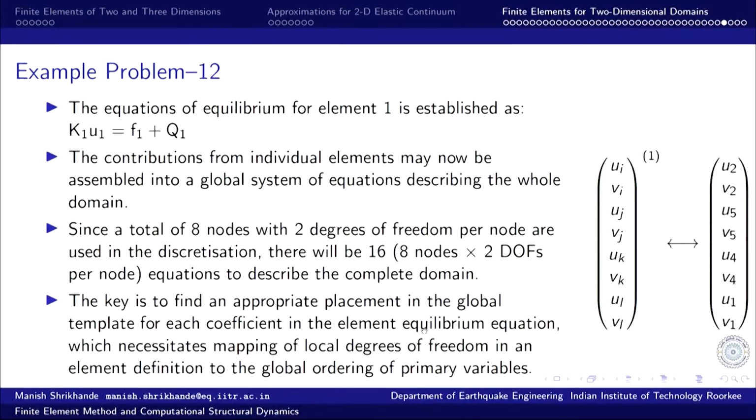Now, how does the assembly take place? The key is to find appropriate placement, and that is how the entire assembly process works. The contribution of different elements goes along the degrees of freedom that they share, or the nodes that they share with the adjacent elements. The way it is done, it is automatically done in the program, again using very powerful data structuring techniques.